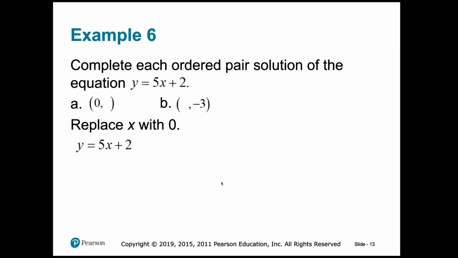So rewrite your equation with that 0 in there. Simmer down. 5 times 0 is 0 plus 2 is 2, so y is 2.